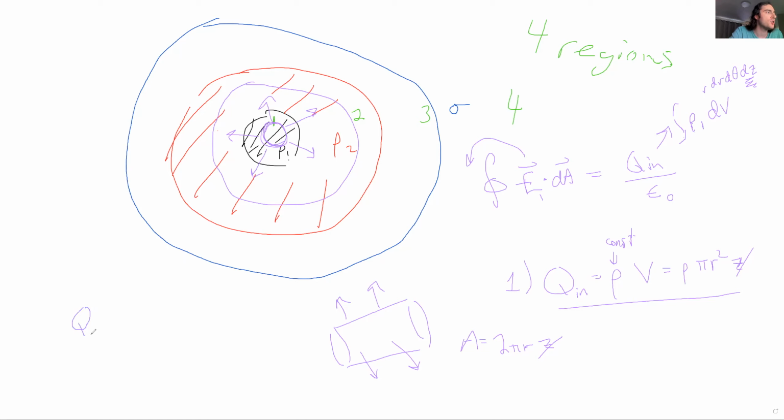What that means is the charge inside this surface for region 2 is equal to the total charge in region 1 plus an integral over rho 2 over the volume. But this time, the volume is different. We don't integrate over the volume in the inner region anymore. We just integrate over this volume here, this region.